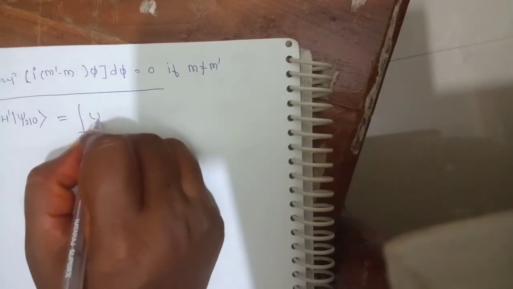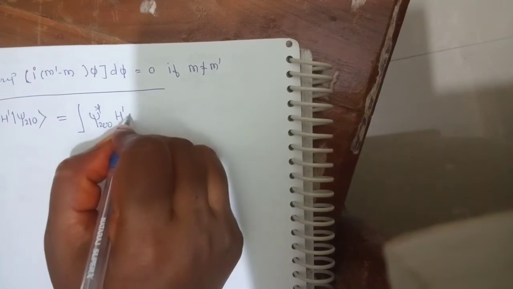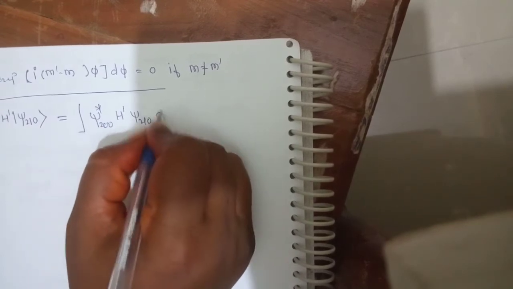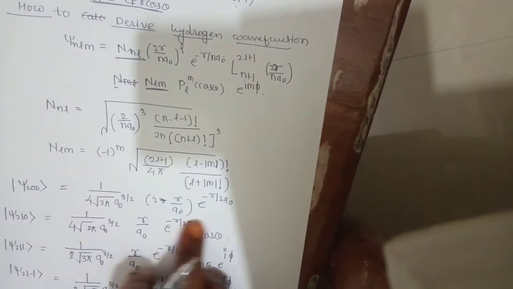So write that as the integral of psi star 200 H prime psi 210 d tau. Okay, so what is psi 200? That one is psi 200. Is there any complex term? No. So it's a real wave function, so its complex conjugate is the same as psi.